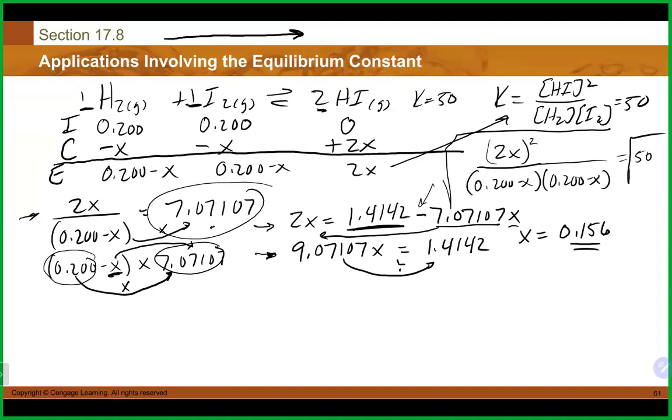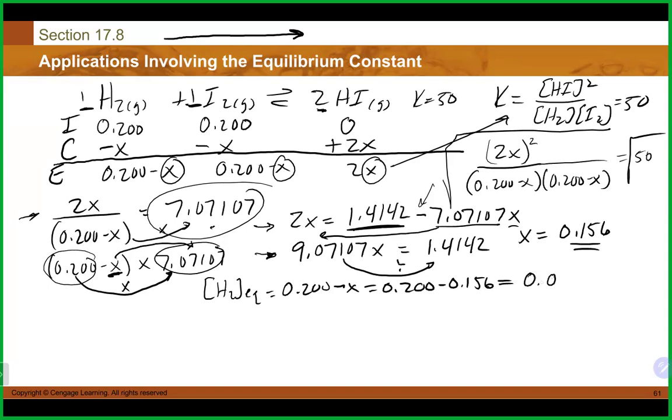All right, so now that we do have the x, that is every x that we see in our ICE table, and that's going to allow us to get to equilibrium. So the concentration of H2 at equilibrium is 0.2 minus x, which is 0.2 minus 0.156. And again, this is molarity, so we do want to put some units on it at the end. It's going to give us 0.044 molar.